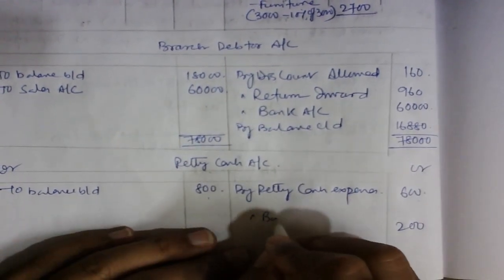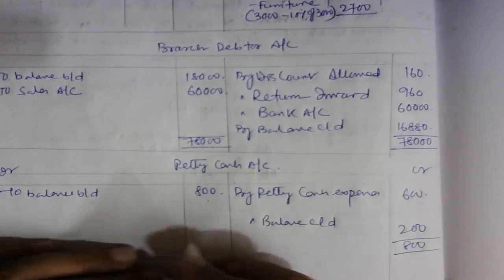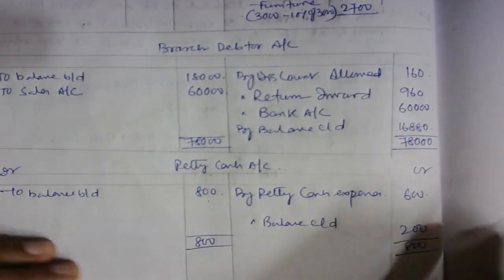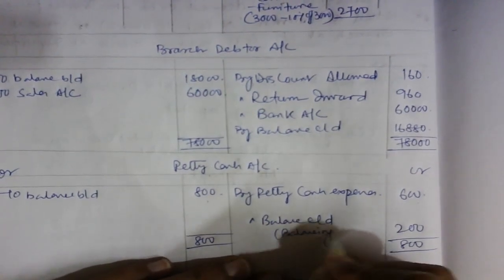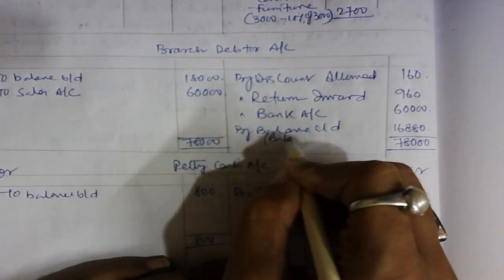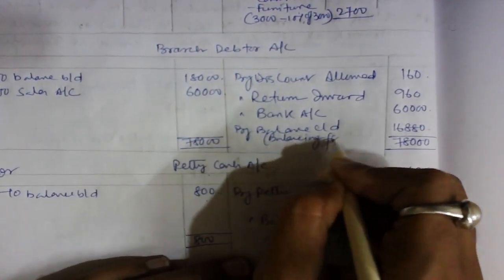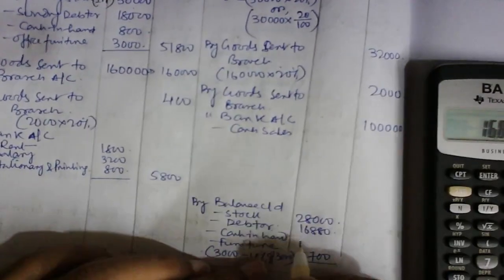So by balance CD, it's a closing balance. Done, sir. So you can write here balancing figure. Here also please write balancing figure. Here it is 200, sir.